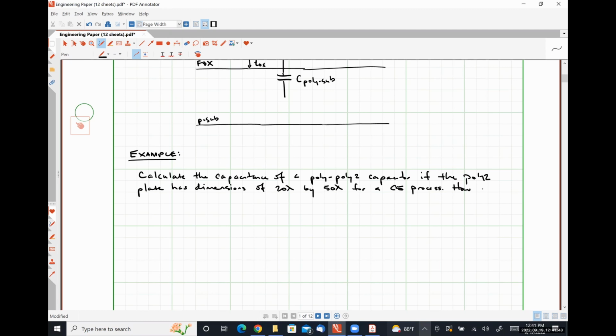And then we want to know, how does the bottom plate parasitic capacitance compare to the intended capacitor?